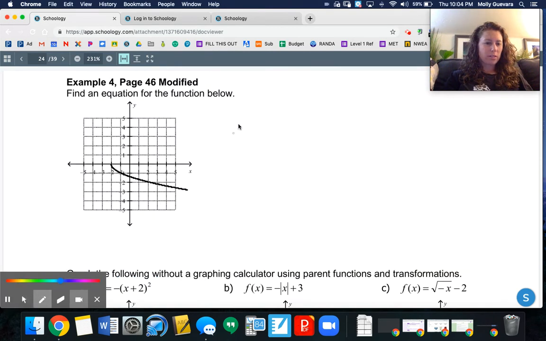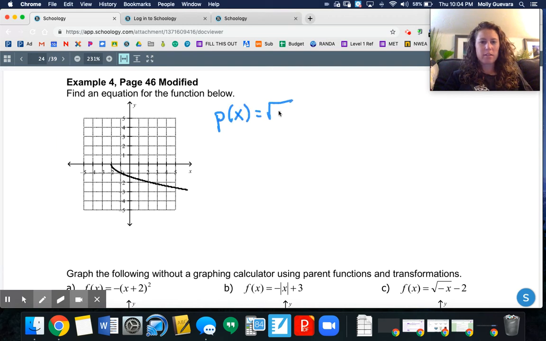All right, so looking at this, the first thing hopefully I see is that my parent graph is the square root of x, which normally is like this. Okay, so a couple things that have happened here.